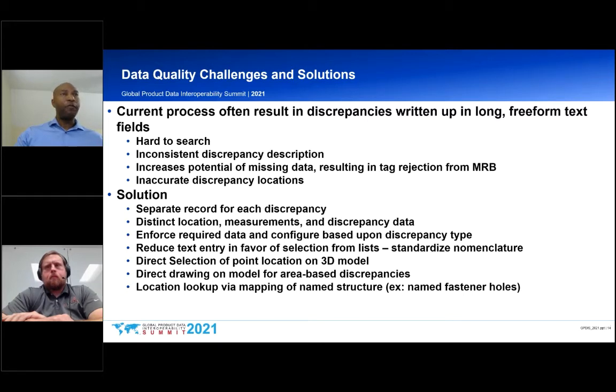So that may help for that one MRB, but that does not help when you're trying to use that for analysis. So a good digital thread solution should not summarize that information. It should have each discrepancy as a separate record with its own location, distinct measurements, and so on and so forth.